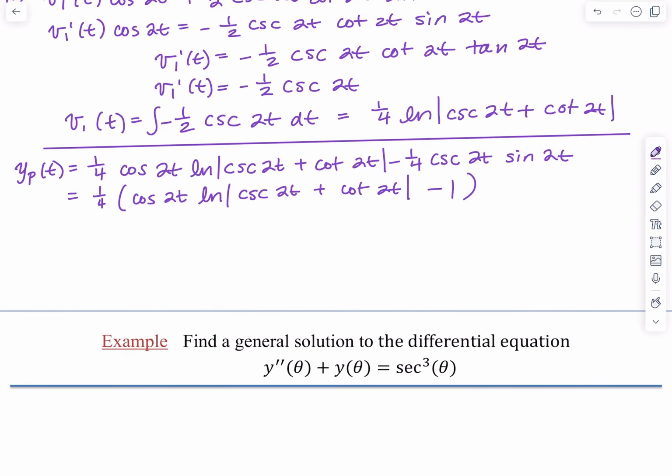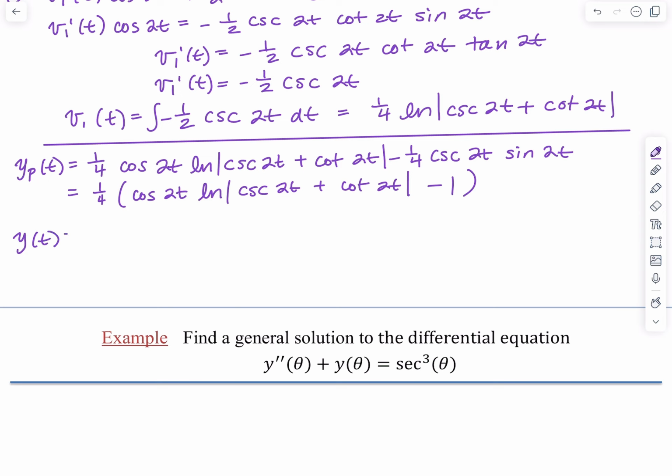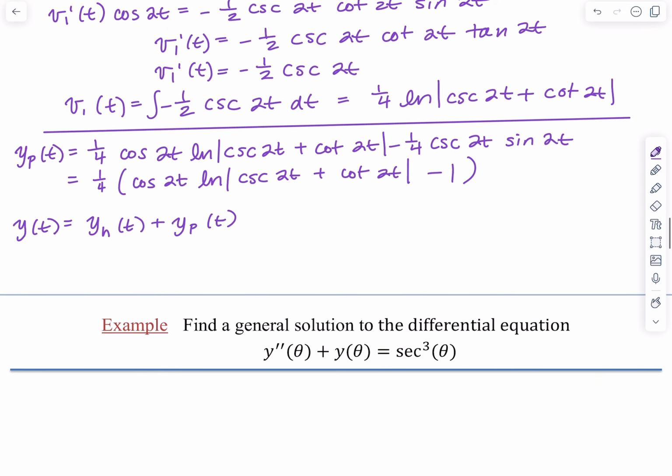General solution as y of t is equal to, and let's go ahead and write our solution to our homogeneous equation first, and then we will add that particular.